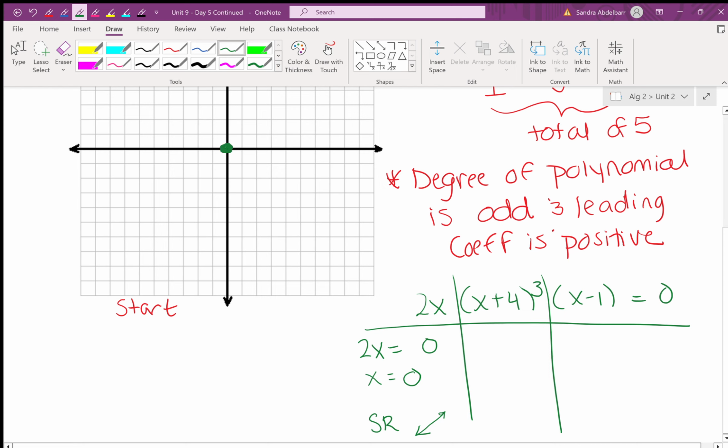And then I need to do a single root through the 0 that's at 1, right? So now I got to do a nice curve again and go straight up. Right, these are just sketches. They're not going to be completely accurate, obviously. It's just an idea of how it would look.